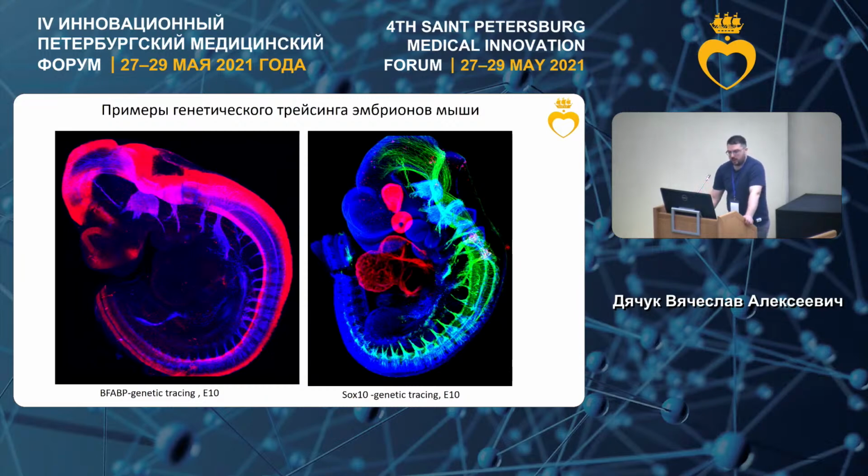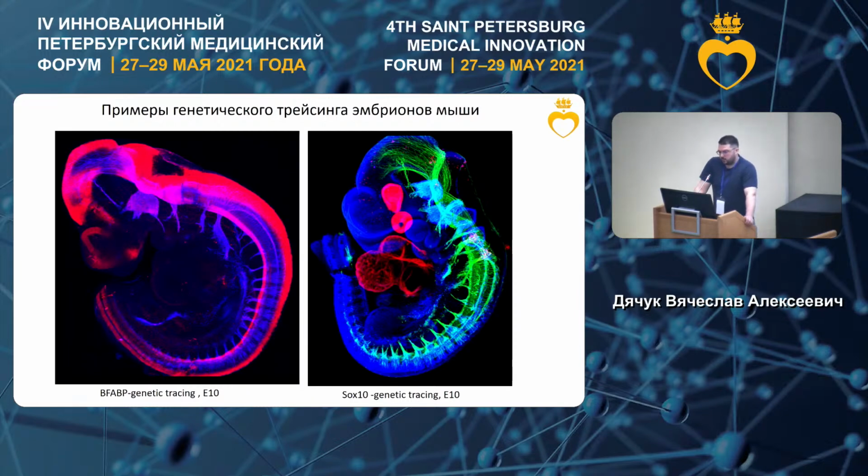Genetic tracing, a case in point. To the left, you may appreciate genetic tracing. Embryos with BFABP genetic structure activated. BFABP marks glial cells. And you can see those are traced at E10.